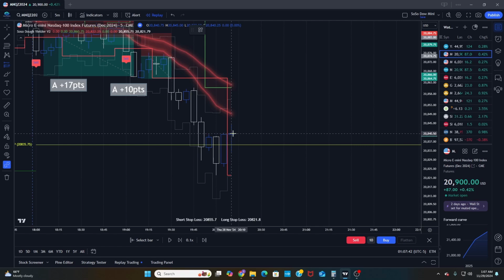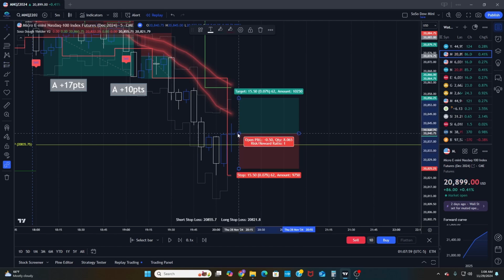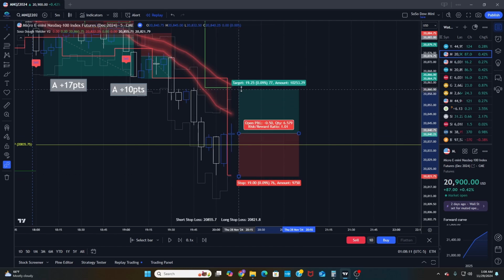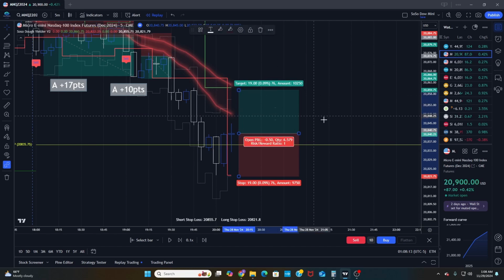All right, so for this trade, we'll enter at the closing price of this candle where the red level regained its rightful position. Closing price is going to be 840.75. So as soon as that 5 minute candle closes, we can market enter at that price. Our stop loss is going to be the stop loss line here at 19 points, and we're going to shoot for 19 points.